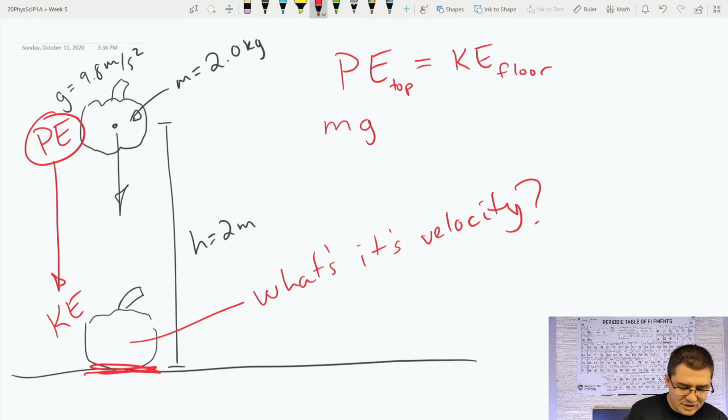That would be mgh. I'm just going to work one side at a time, just to show you this. We will show you a little trick in just a second, but mgh: the mass is 2 kilograms, gravity is 9.8 meters per second squared, and the height is 2 meters.